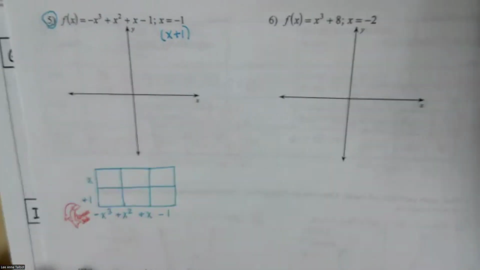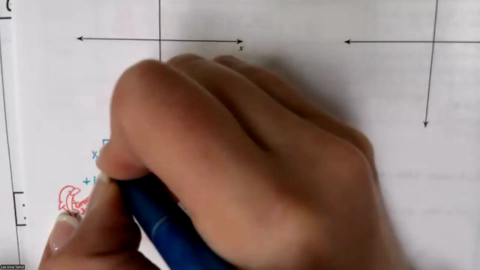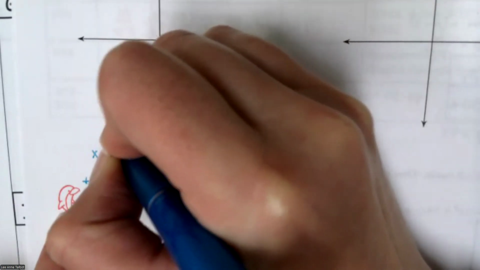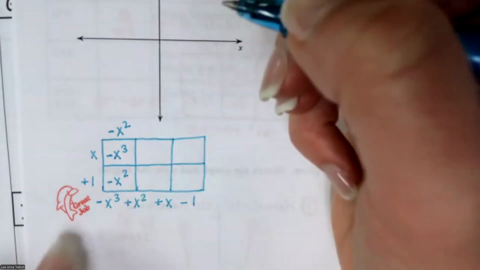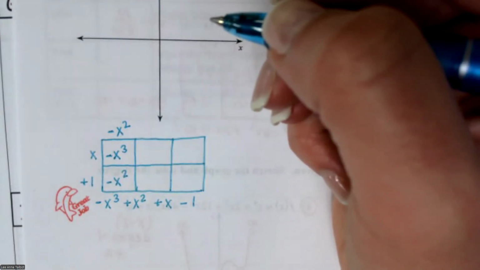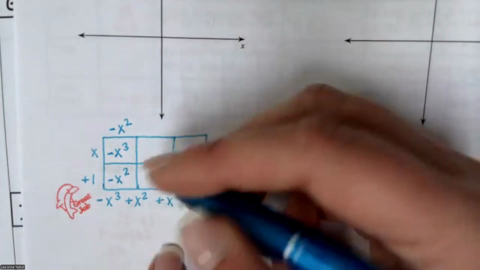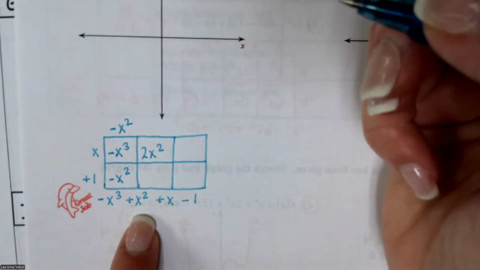Let's see if we remember how to divide. So negative x cubed in here. X squared. Okay, so I have negative x squared and I need positive x squared. So I need 2. Does that make sense?